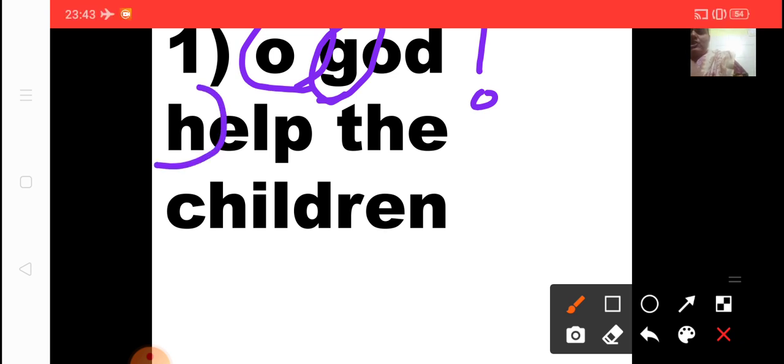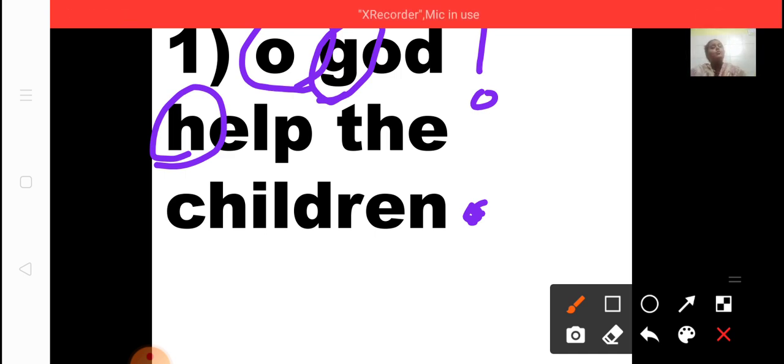Now this H should come in capital letter. After the exclamation mark, the sentence always begins with a capital letter. So H should come in capital letter. Help the children, and then a full stop.